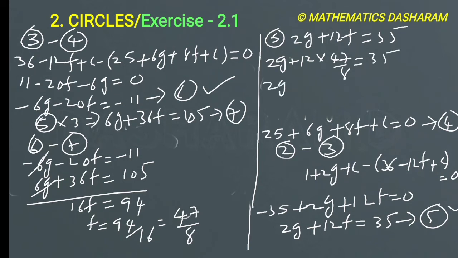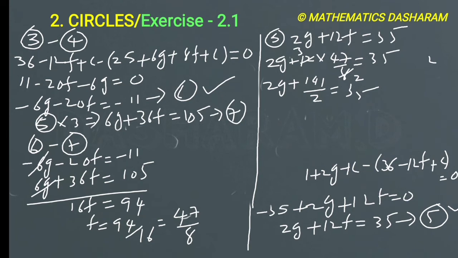So 2g plus, here 12 and 8 both come in the 4 table. 4 2s are 8, 4 3s are 12, 4 7s are 28, so 141 divided by 2 equals 35. So now 2g equals 35 minus 141 divided by 2.